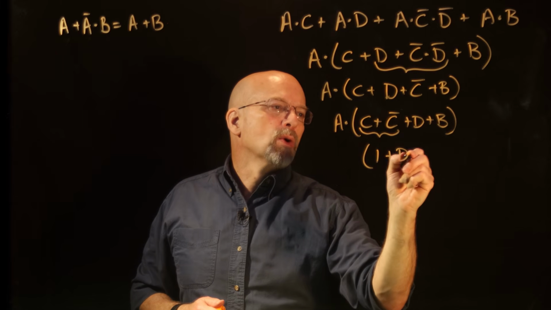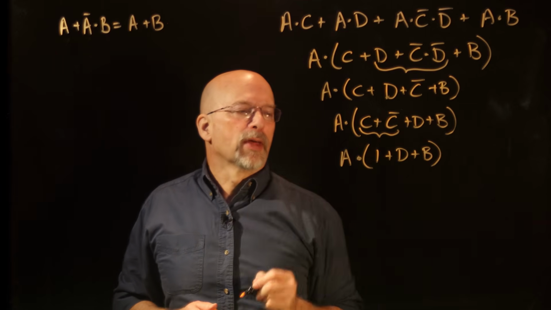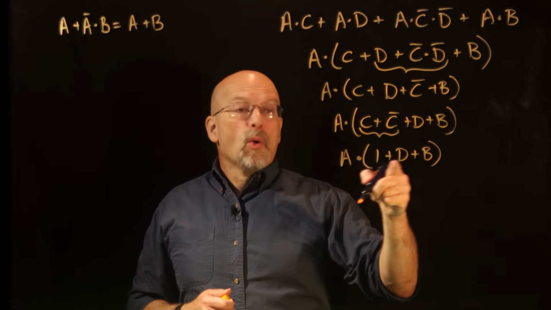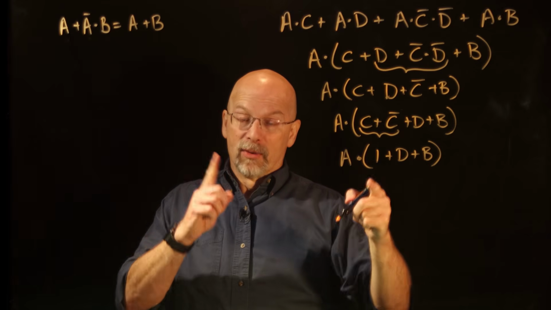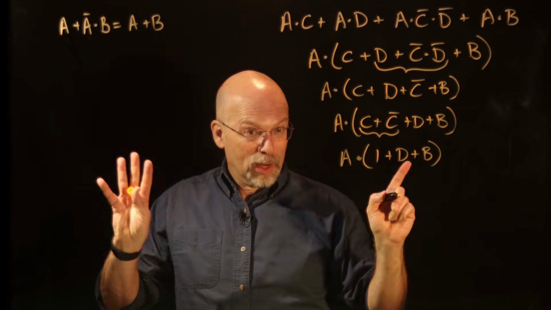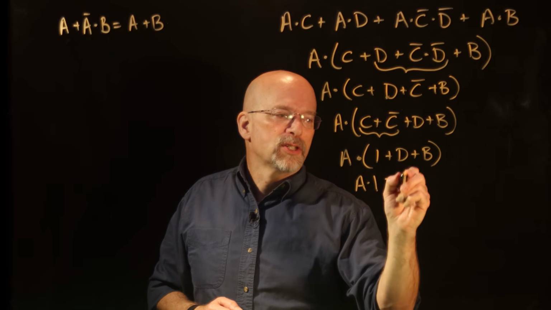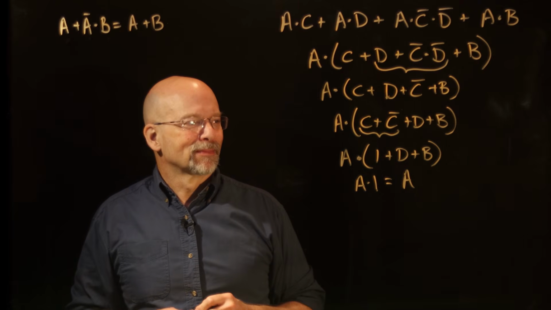So we get 1 or D or B. Of course, don't forget our ANDed with A. Anything ORed with 1 is 1, right? A 1 goes into an OR gate, a 1 comes out of the OR gate. So we've got A and 1, which is equal to A. All right. Well, cool.